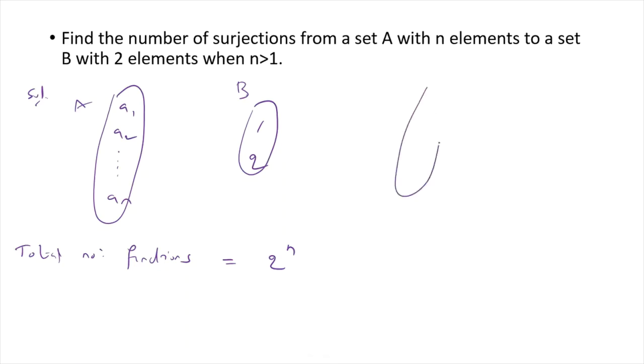If all the elements of the set A, A1, A2, so on up to An, are mapped to 1, A1 is mapped to 1, A2 is mapped to 1, and similarly An is also mapped to 1, then this is not a surjection. If all the elements are mapped to 2, then also it is not a surjection. So we have two functions which are not surjections.